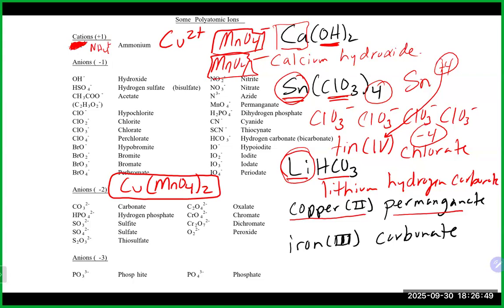Lastly here, we got iron Roman numeral 3, which is an iron with a +3 charge because of the Roman numeral. Carbonate is CO3 2 minus. So again, we're really putting together a +3 and a -2. And again, the common number there is 6. So we just want to get everybody to 6. And to get iron to 6, we need not one, but 2 of them.